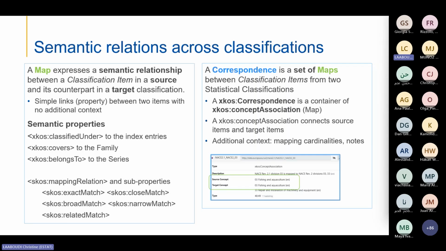This is similar to the SKOS mapping properties, but in addition, we can provide contextual information such as a description of the mapping, a justification of the mapping, cardinalities, notes. And this is represented inside another class called the XKOS ConceptAssociation. And in a correspondence table, XKOS Correspondence, you will find a set of concept associations, each one with a context about the correspondence.